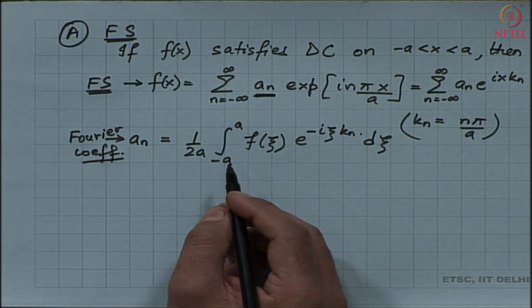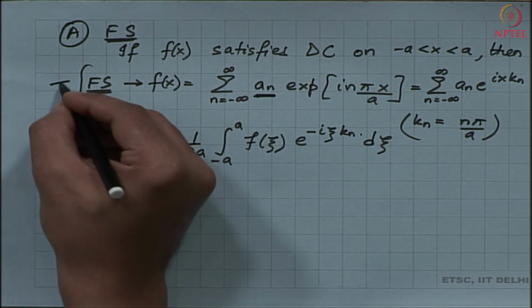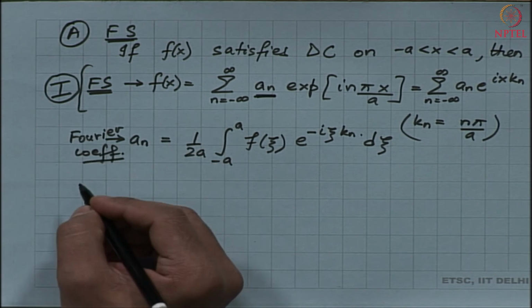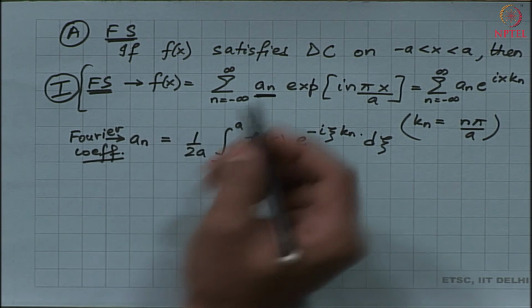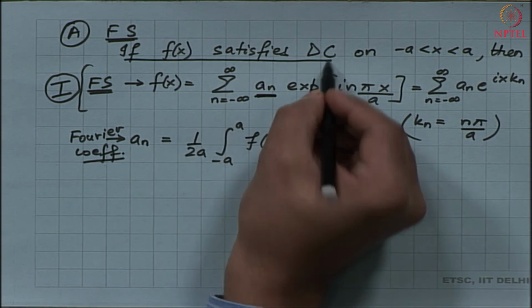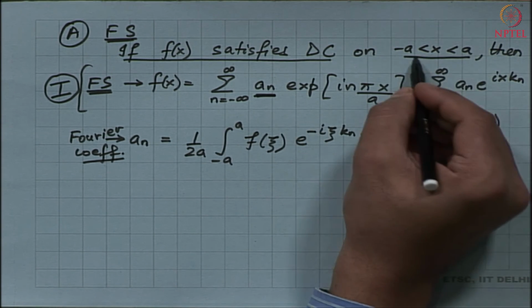Let me just call this series and denote it by this number 1 or I. So, I is going to denote my Fourier series. Of course, you see that Fourier series are only applicable over an interval from minus a to a.